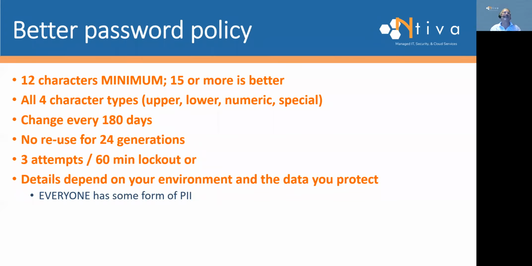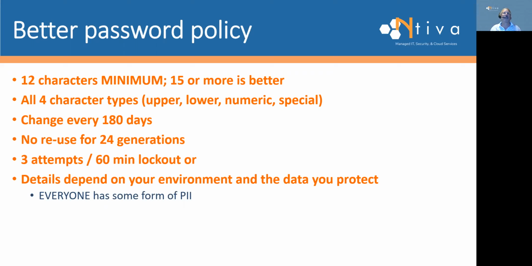Change every 180 days. We'll talk again about expirations later, but I'm not a huge fan of frequent password changes. By the same token, I don't like password never expires, and I'll talk about that a little later. But every 6 months is a reasonable compromise between frequent password changes and never expires.